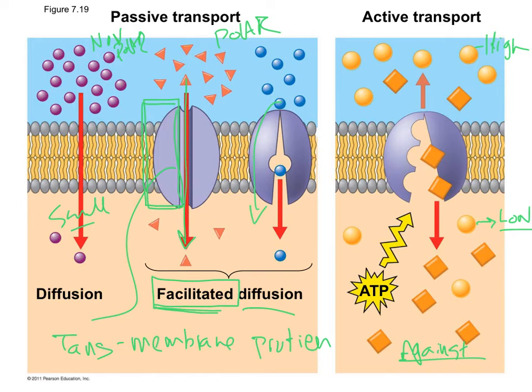And so in order to move these little balls against the concentration gradient, it requires active transport, and that requires the use of energy. So it requires energy to do active transport, and these are called transport proteins.